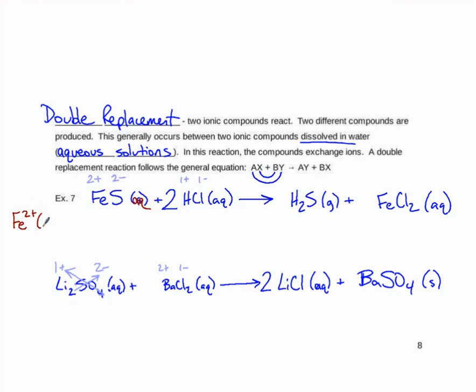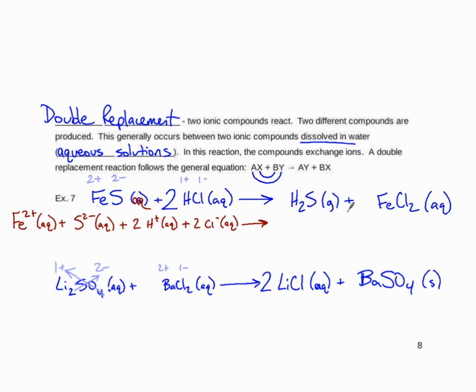Iron 2 plus, aqueous, plus sulfur 2 minus, aqueous, plus 2 hydrogens plus 2 chlorides yields.